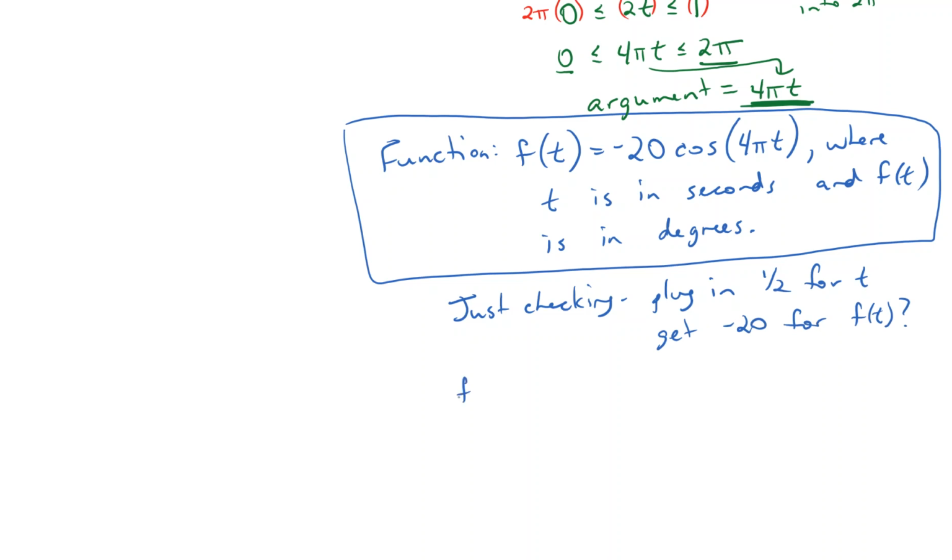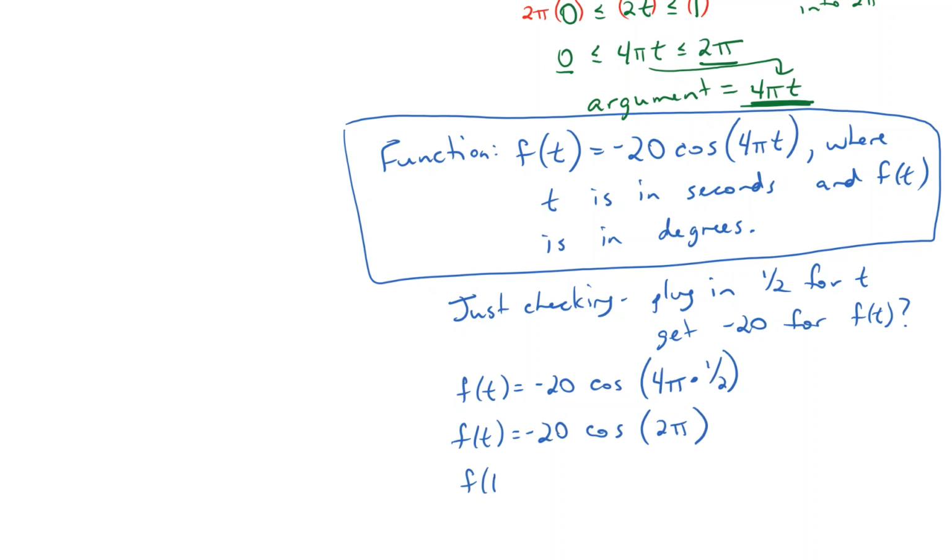So f of t equals -20 times the cosine of 4 times pi times t, which is 1/2. So f of t equals -20 times the cosine of 4 pi times 1/2, which is 2 pi. The cosine of 2 pi is 1, and so for f of t we do in fact get -20.